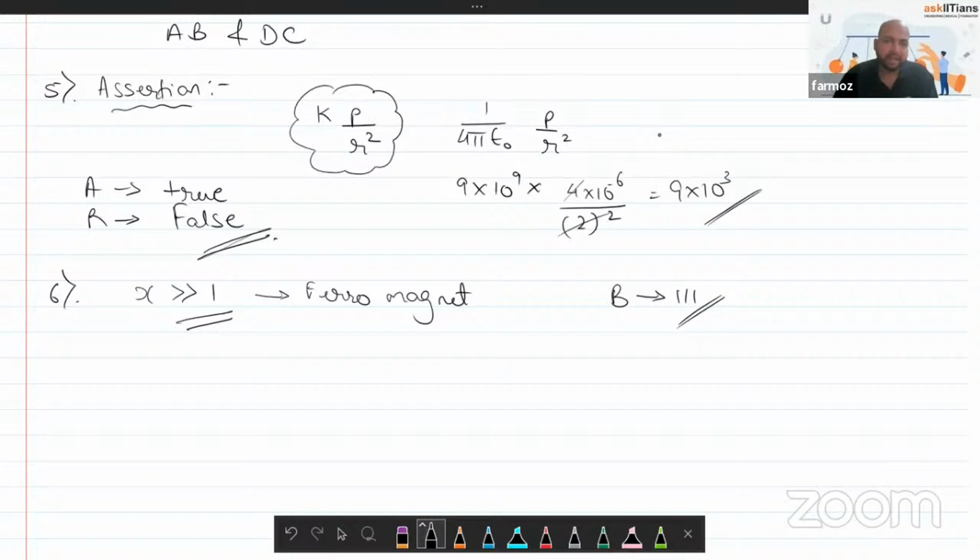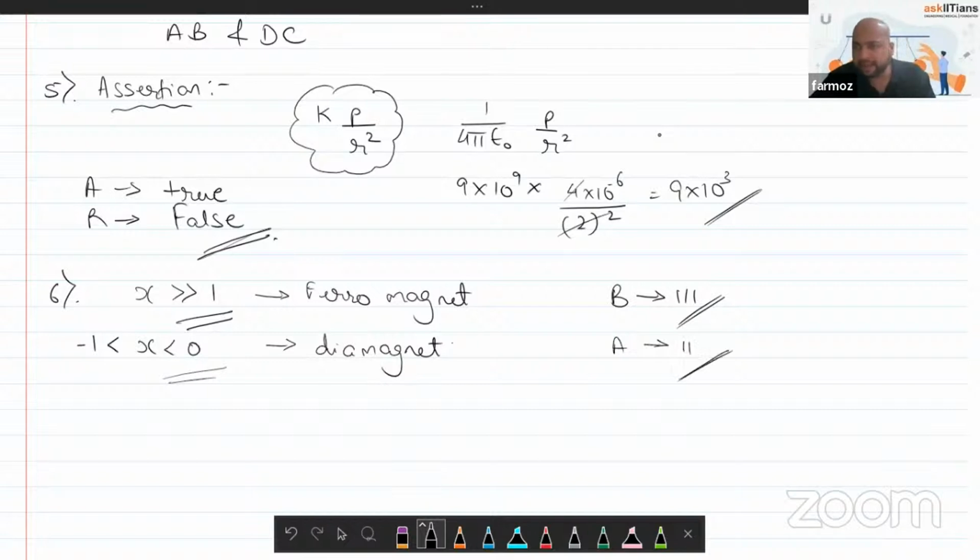It means that when I'm considering a diamagnetic material, its chi should lie between 0 and minus 1. Why? Because it repels. So A corresponds to option number 2. Now let's check.